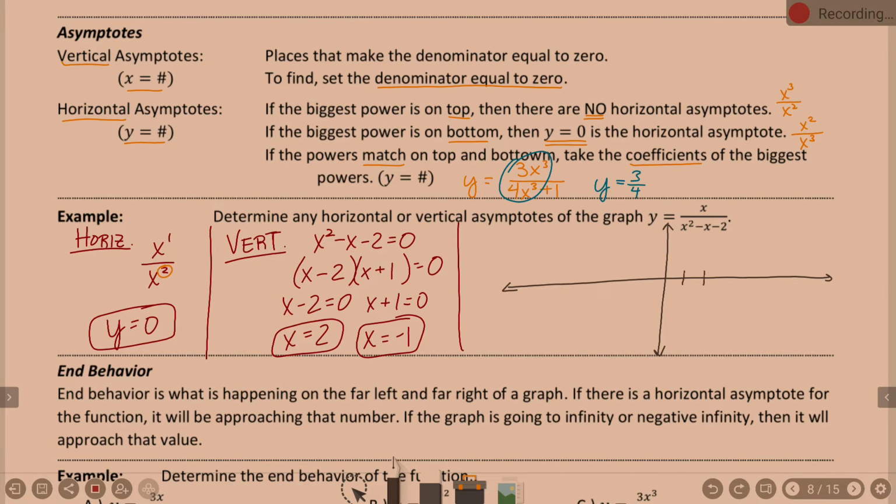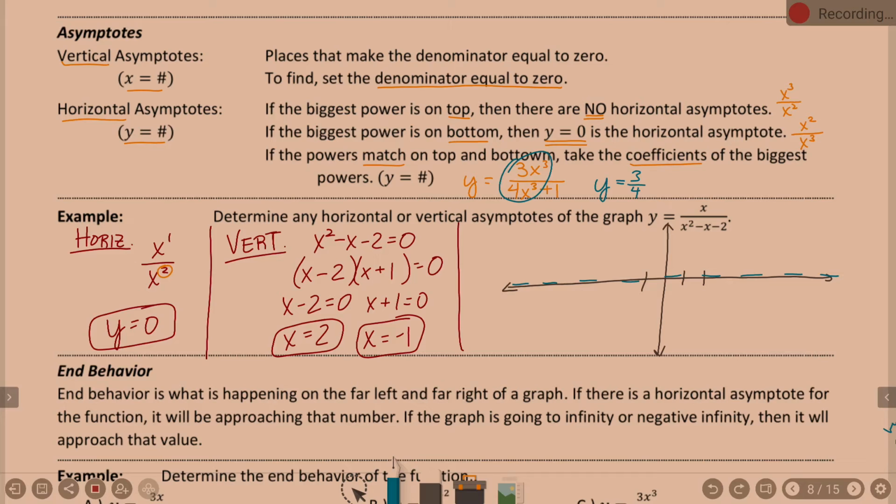So, what we know right now is that we have a horizontal asymptote at y equals 0, right? y equals 0 being the x-axis. So we have a horizontal asymptote right there.